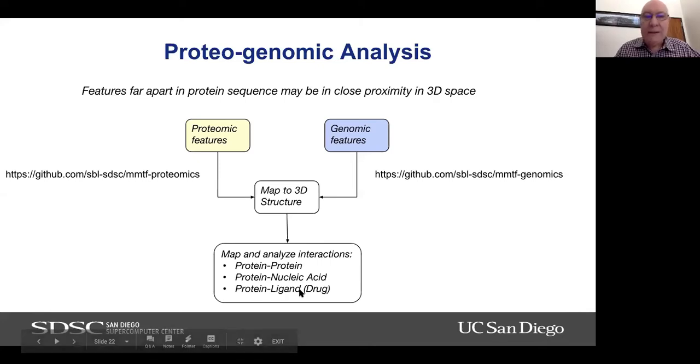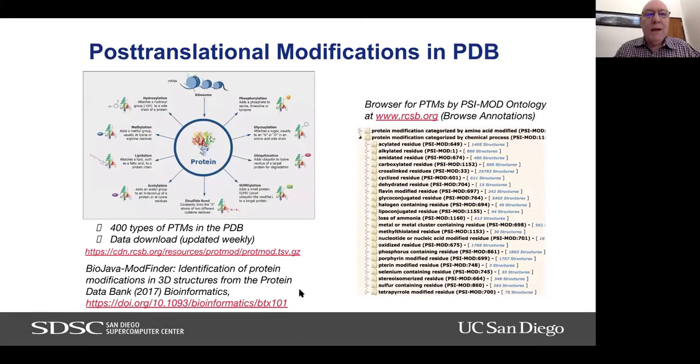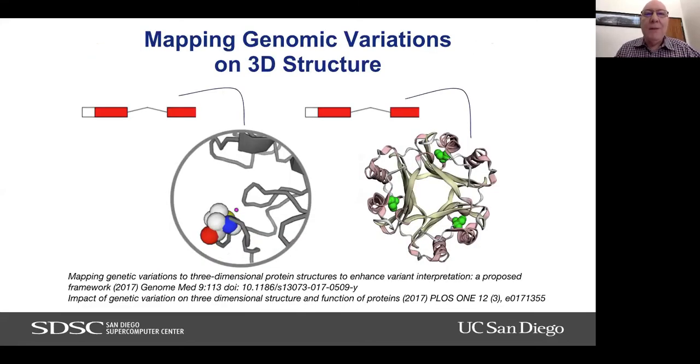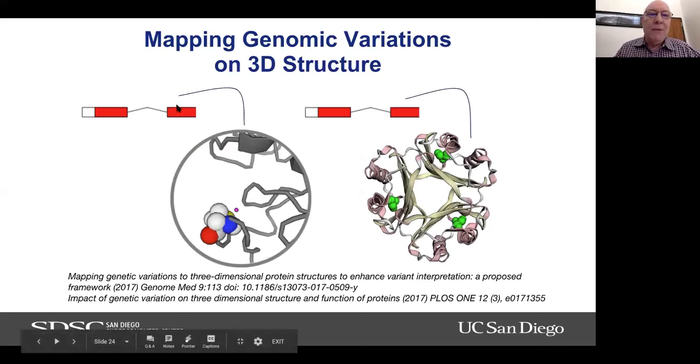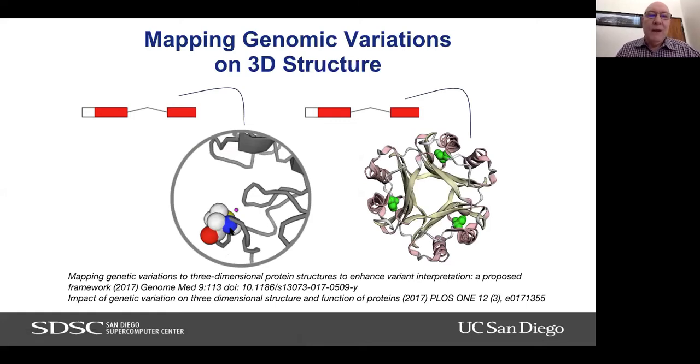Okay, so as I mentioned, we have been working on mapping post-translational modifications to 3D structures. So this is one effort, but today I'm focusing on mapping mutations to structures. If you map a mutation from the gene to the protein and finally to the 3D structure, you can get some information. This is, for example, a zinc finger, and there's a mutation right at the zinc binding going on here.